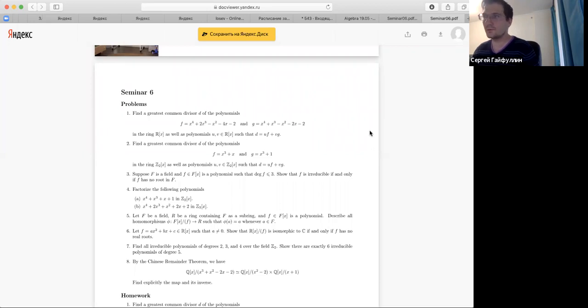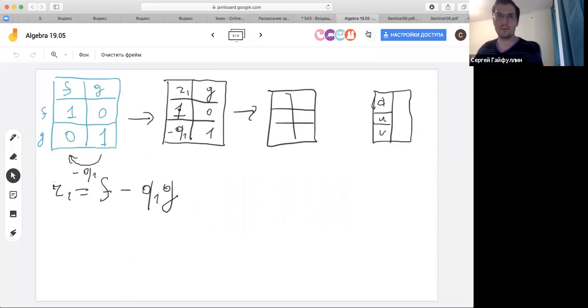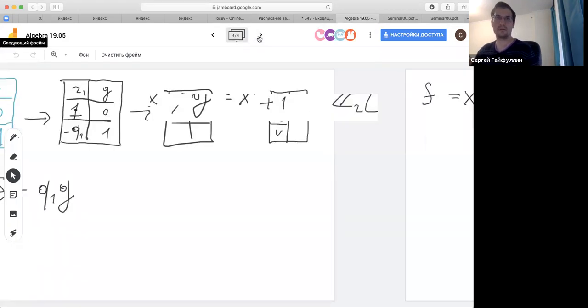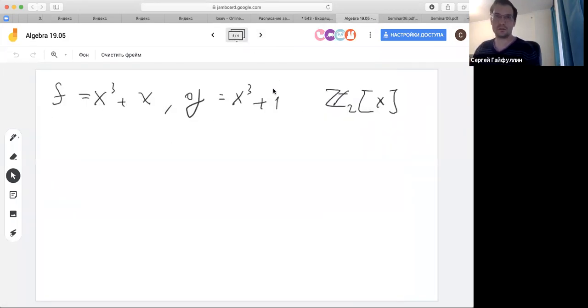The first polynomial is x cubed plus x, and the second is x cubed plus 1. And all of this is in Z2, polynomials over Z2. So here it is. We have such two polynomials, and we proceed with our tables.